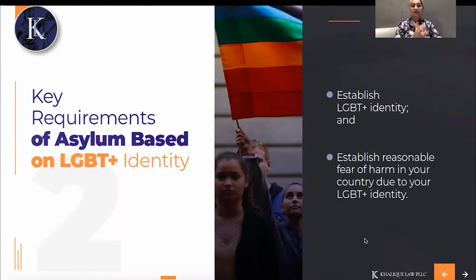The second thing that you have to establish is that you are going to be in danger because of that LGBTQ identity. So you have to establish that there's a reasonable fear of harm in your country due to your LGBTQ identity. So how do we establish that there's a reasonable fear? The best way to do this is by country conditions.